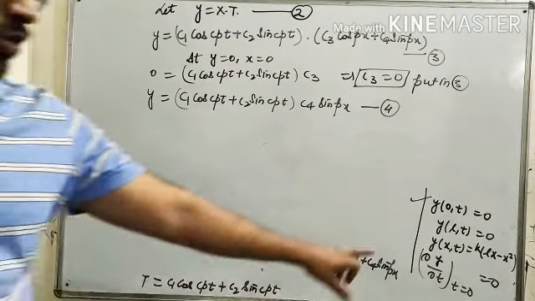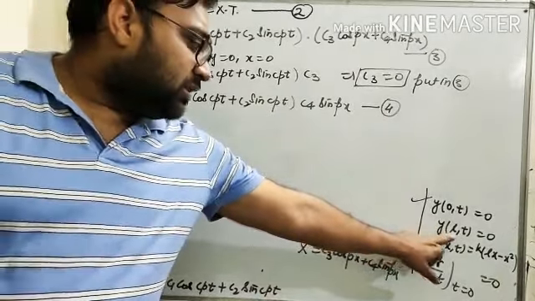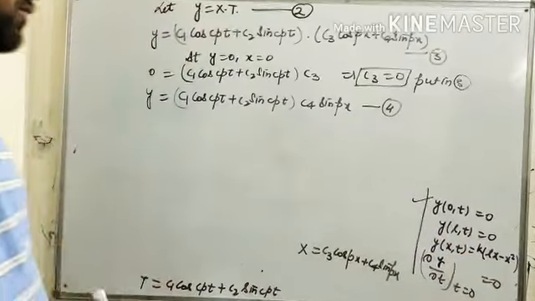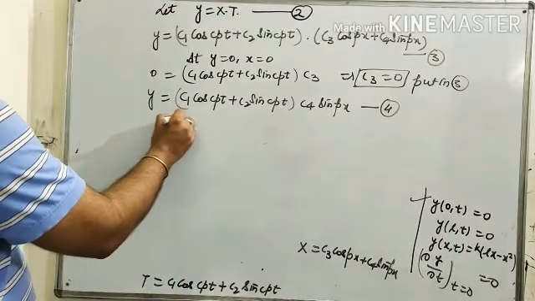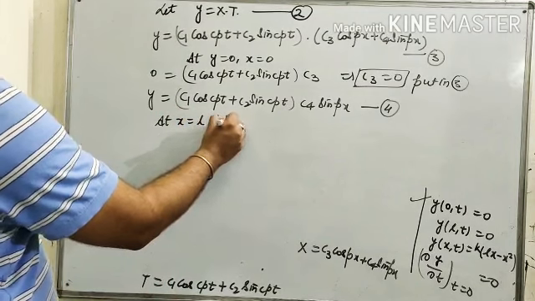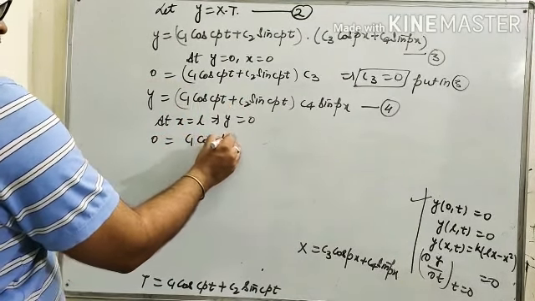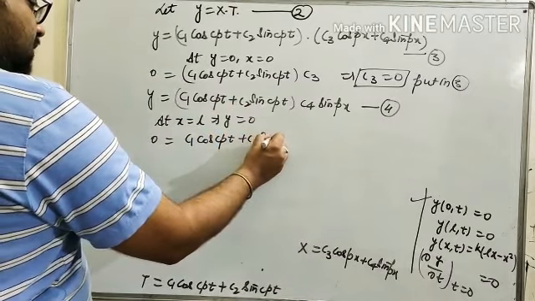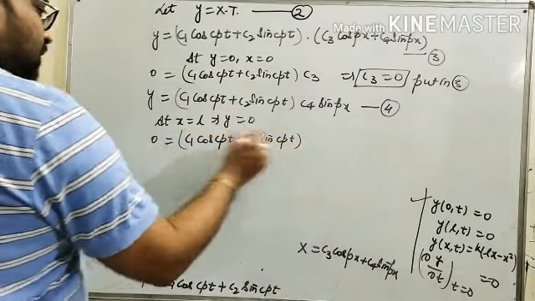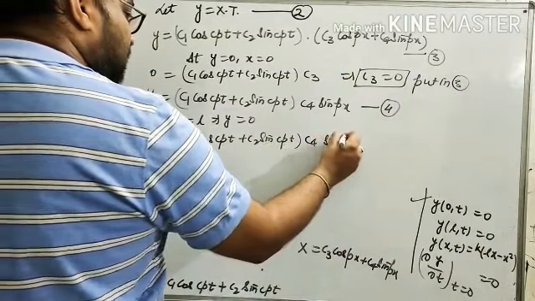Now we have to put the second condition: at x equals L, y equals 0. So 0 equals (C1 cos cpt + C2 sin cpt) into C4 sin px.